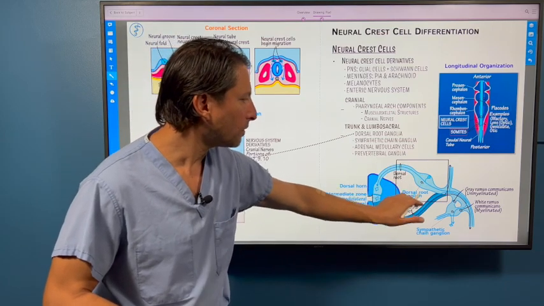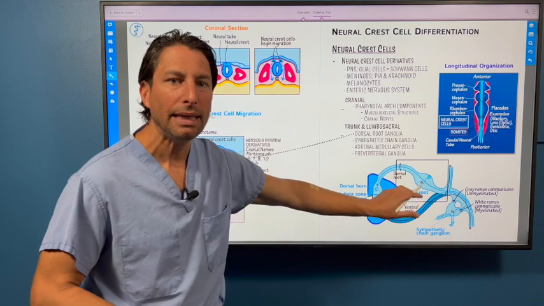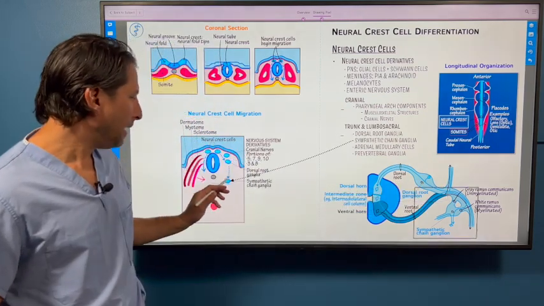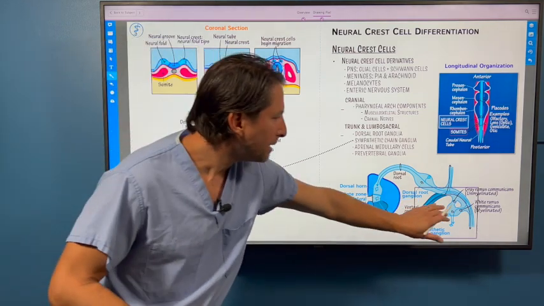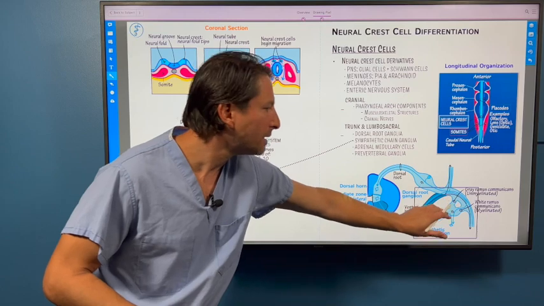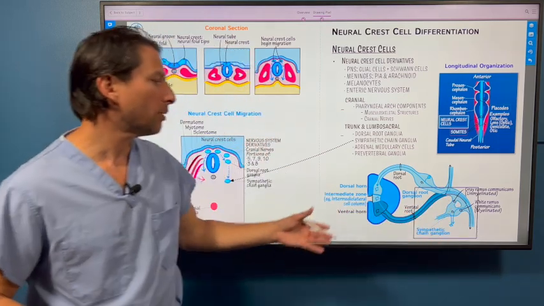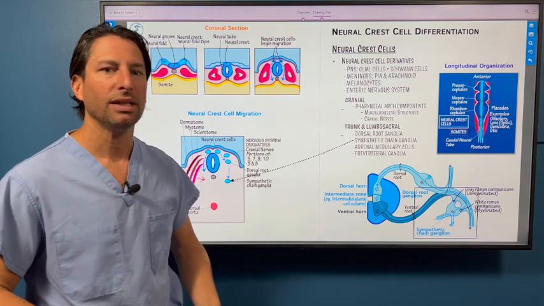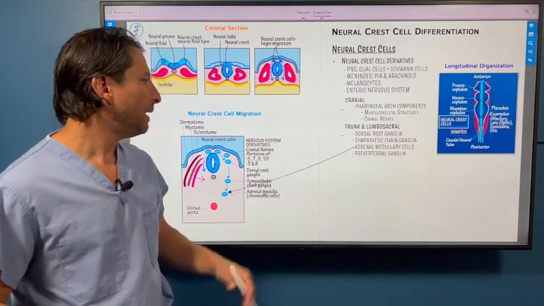So we can see this dorsal root ganglion here. It houses the sensory cell body. Then it migrates and forms the sympathetic chain here. This is the autonomic nervous system, sympathetic division. Again, remember parasympathetic, rest and digest, sympathetic for activation, fight or flight.